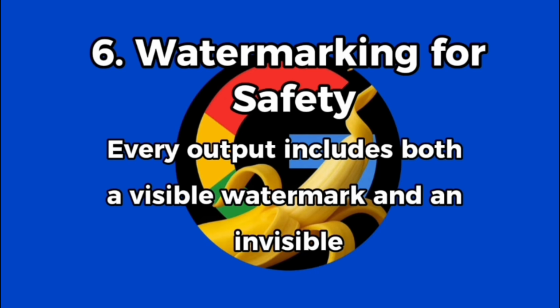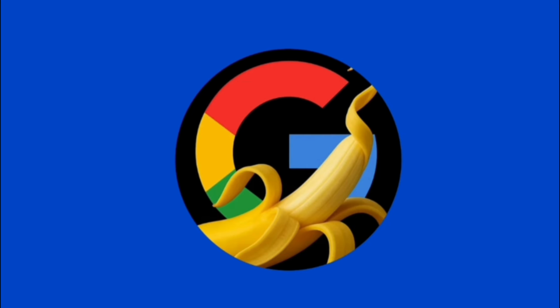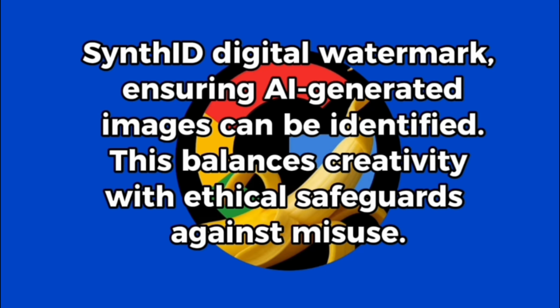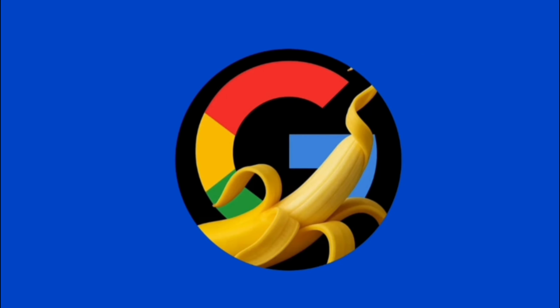Watermarking for safety. Every output includes both a visible watermark and an invisible synthetic digital watermark, ensuring AI-generated images can be identified. This balances creativity with ethical safeguards against misuse.